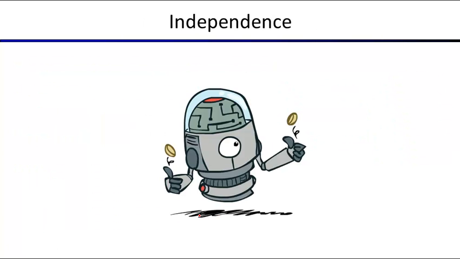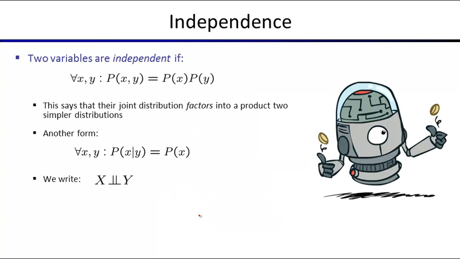Okay, so I said the models we'll use will be approximations of the real world, and the type of approximation we'll be working with will be independence and later conditional independence. So what is independence? The basic concept is for two random variables. If you have a distribution over two random variables, X and Y, and for that joint distribution, for each entry in that joint distribution, we have that probability of x and y jointly is equal to the product of the probability for x with the probability for y, and that is true for all entries, then X and Y are independent.